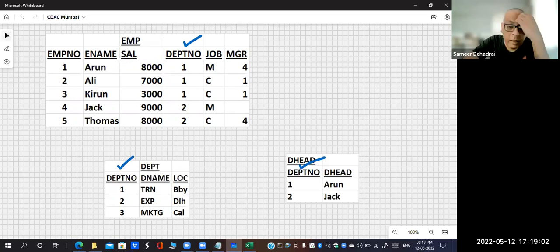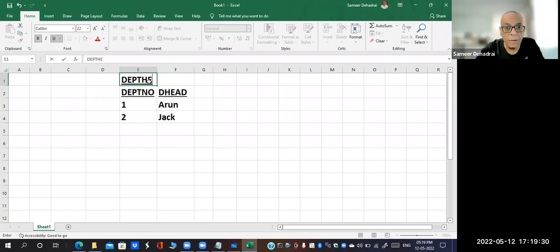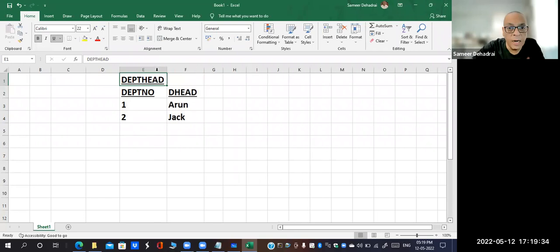This new table I've created stores department number and name of the D head. Actually, let me rename this. Let me call it department head. That would be better.